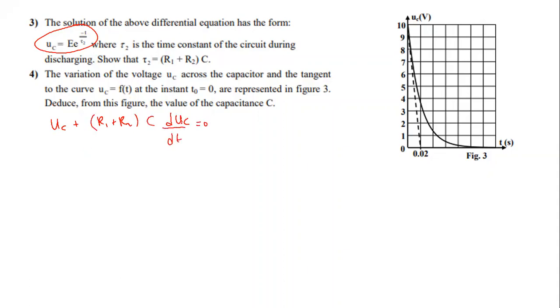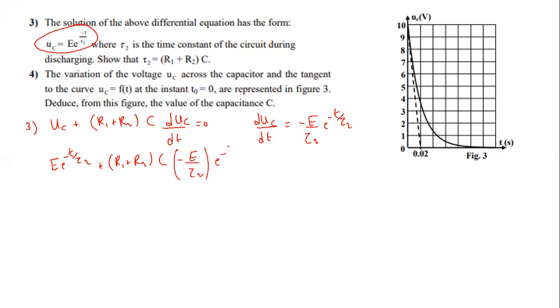So we do substitution, but before that we have to find duc over dt. So by doing the derivative of this part, we'll get duc by dt equal minus e over tau 2 times e minus t over tau 2. And then we substitute, so we get e minus t over tau 2 plus R1 plus R2 times c, and in place of duc over dt we put minus e over tau 2 times e minus t over tau 2, equal to 0. So we take the exponential as common factor.